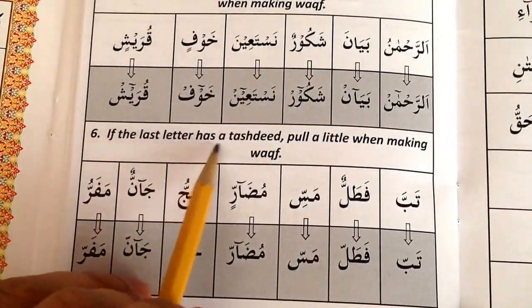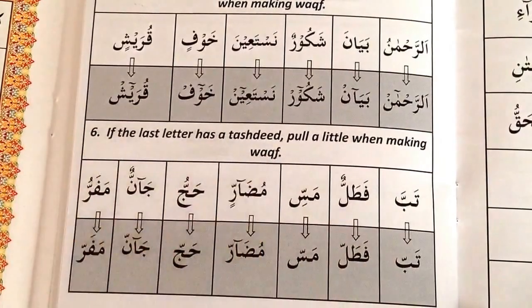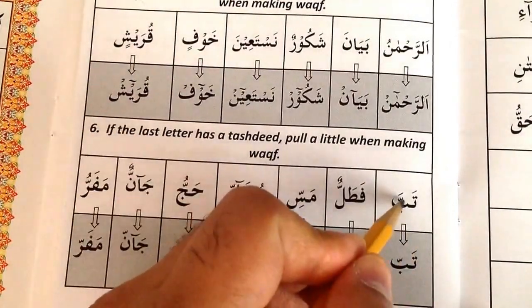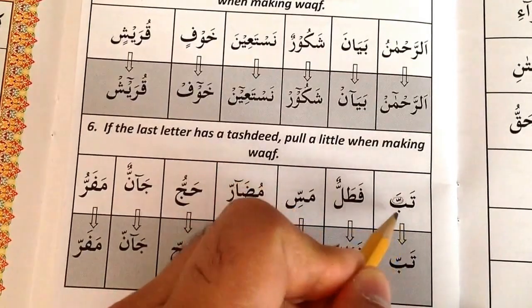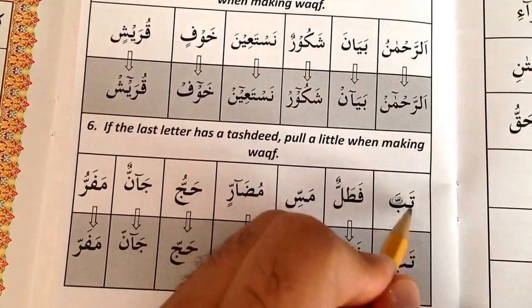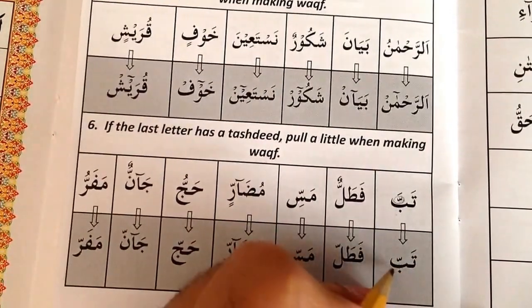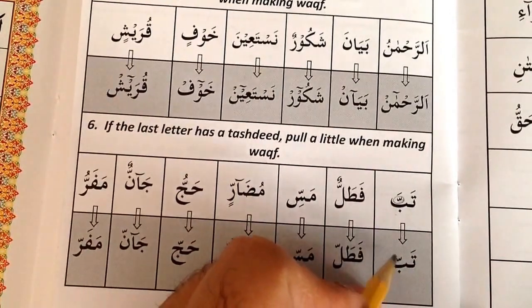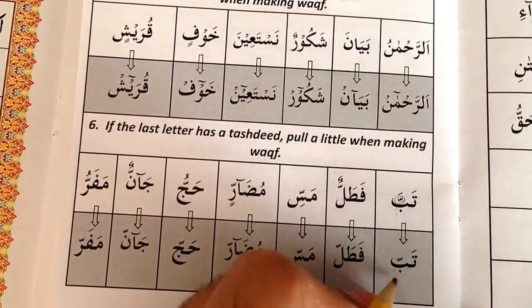If the last letter has a tashdid, pull a little when making waqf. So if the last letter of a word has a tashdid, then you pull a little while making waqf, like tabba, tab. Now ba, when it has a tashdid and you stop on it, you have to make a strong qalqala.